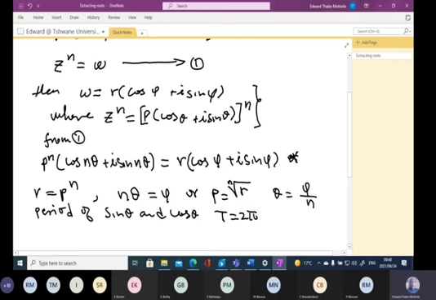Now combining everything together, we can conclude that theta is equal to phi plus 2 pi k over n, where k starts at 0, 1, 2, 3, and the last term will be n minus 1.